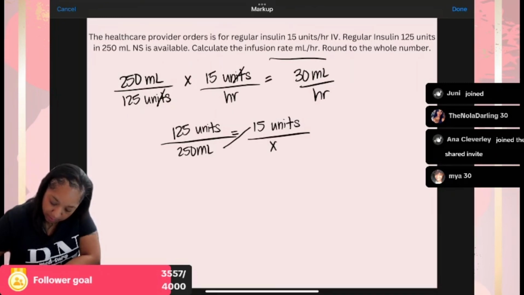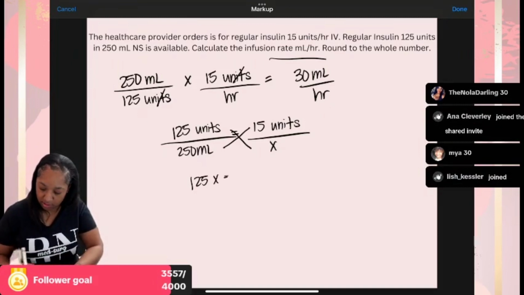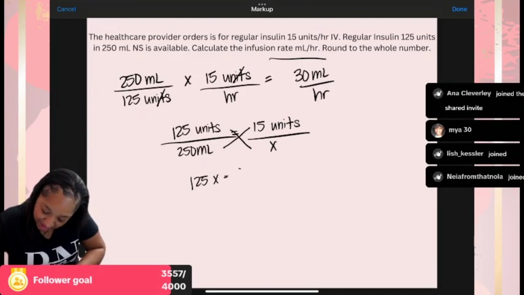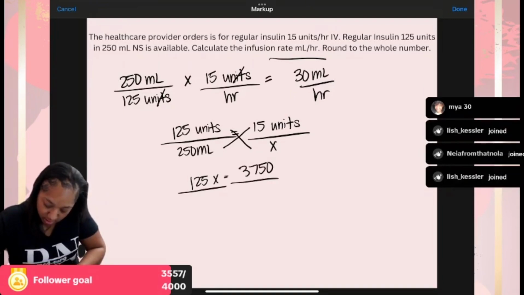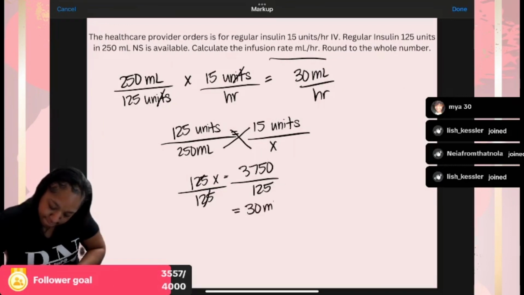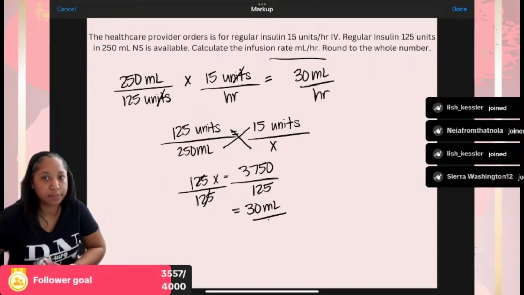So you would cross multiply: 125x equals 250 times 15. So that is also how you can do that one.